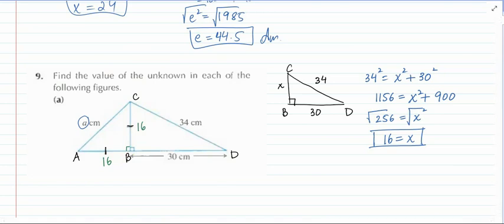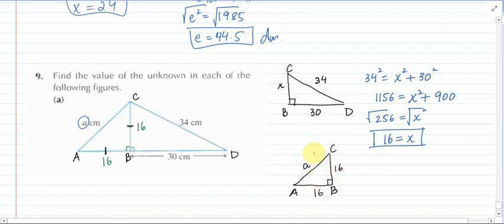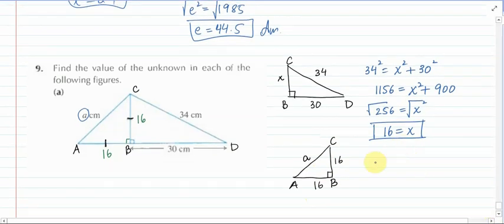So if this length is 16, this one is also 16, and this is a right angle triangle. Now you need to take the triangle ABC. The length of BC is known, 16, AB is known, 16, and AC is A. Applying Pythagoras again, A square is equal to 16 square plus 16 square.